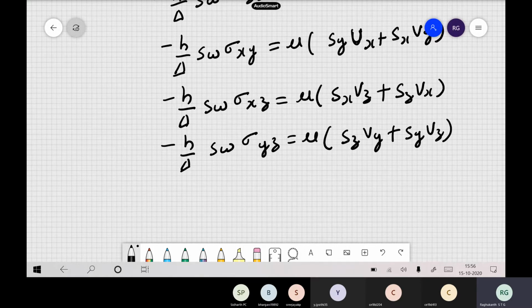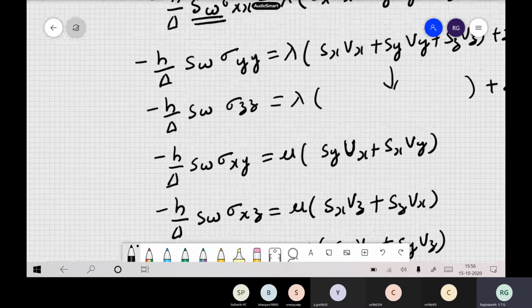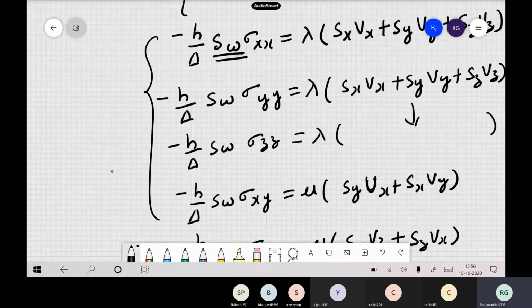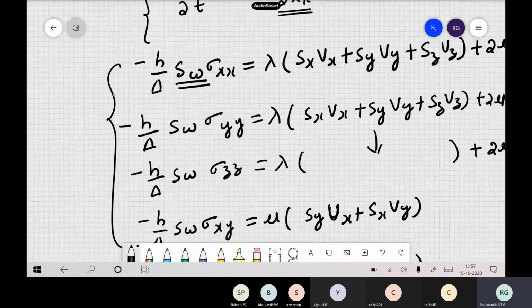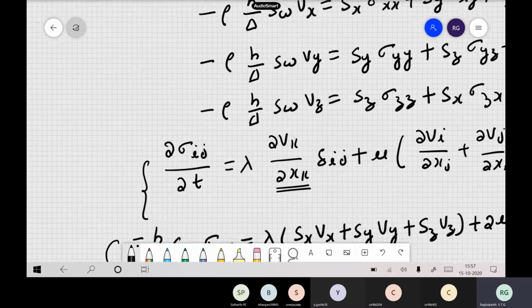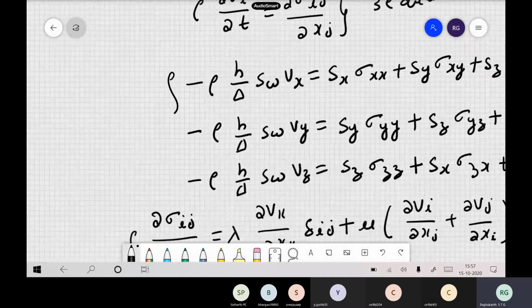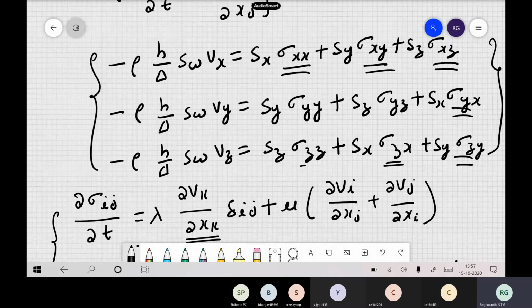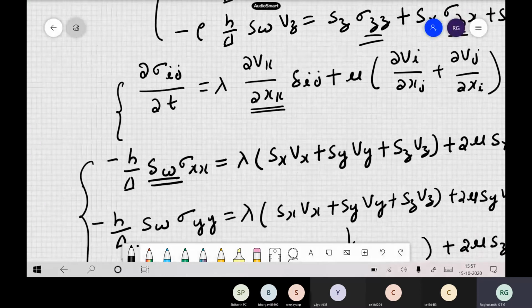Now to derive our dispersion relations, what we try to do is this: in these equations, all the stresses are expressed in terms of velocity. So you substitute these equations into these expressions. Here these three equations are there, right? In these equations we have σxx, σxy, all the stress components. So whatever we have written, you substitute in these equations here.